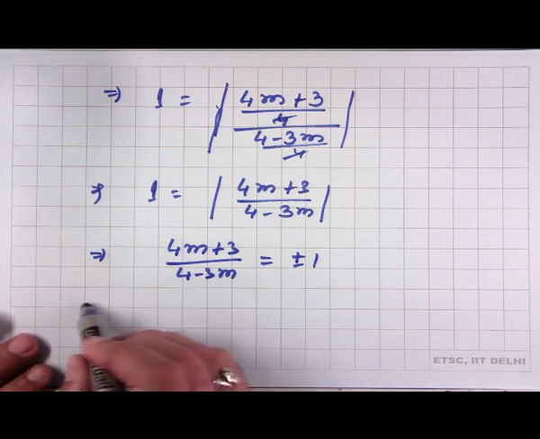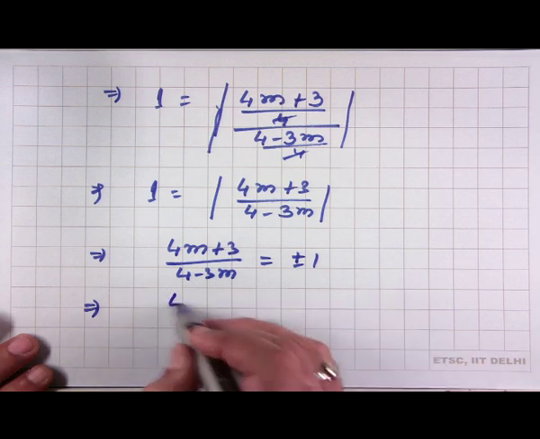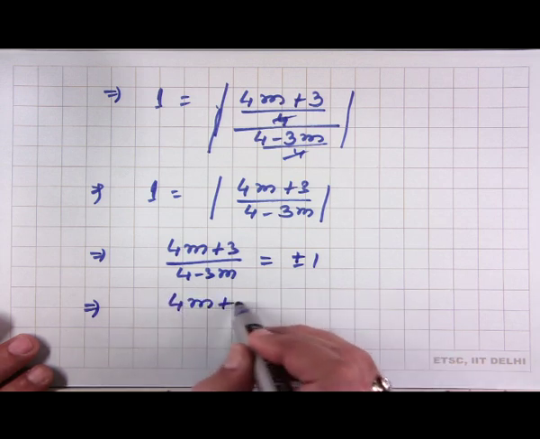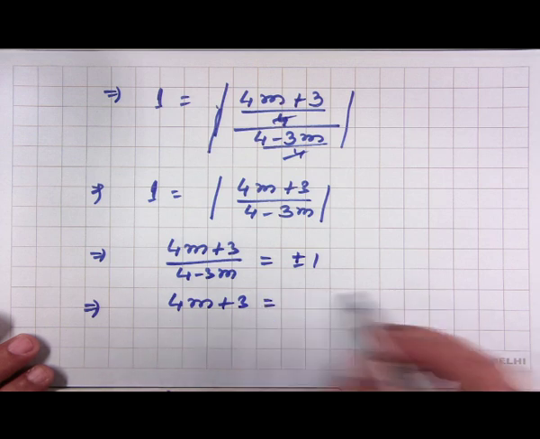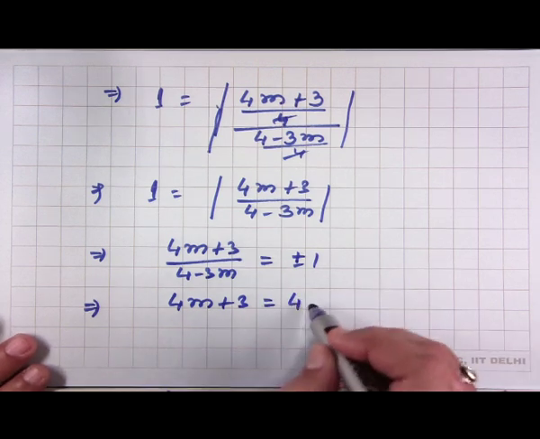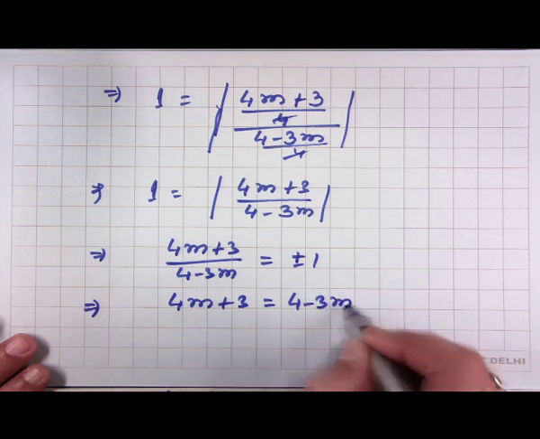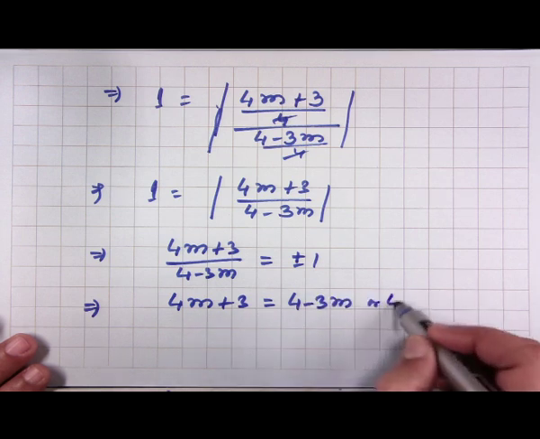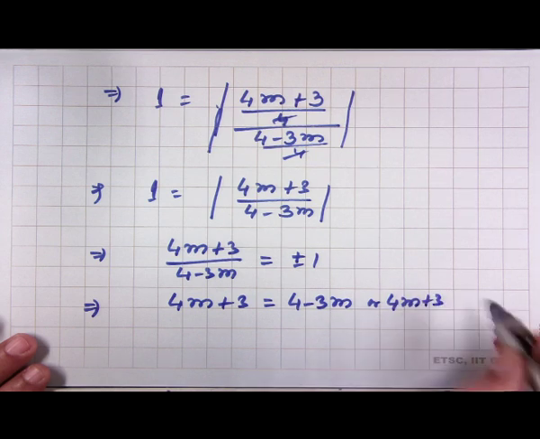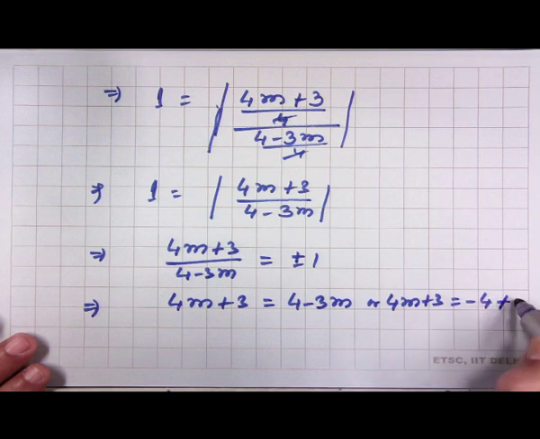So this implies 4m plus 3 is equal to 4 minus 3m, or 4m plus 3 is equal to minus 4 plus 3m.